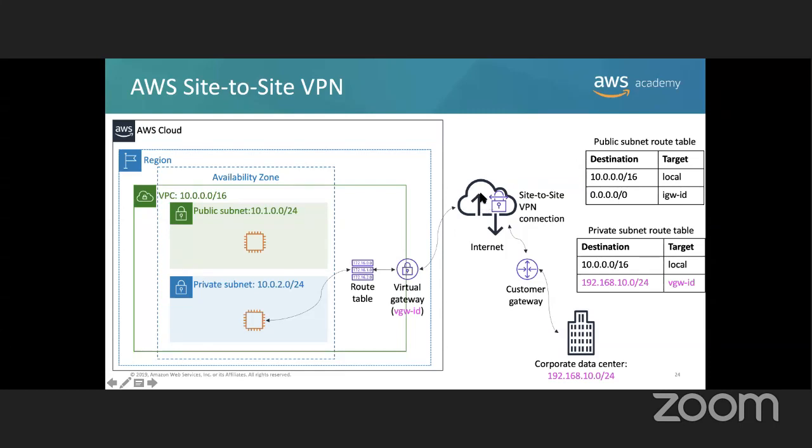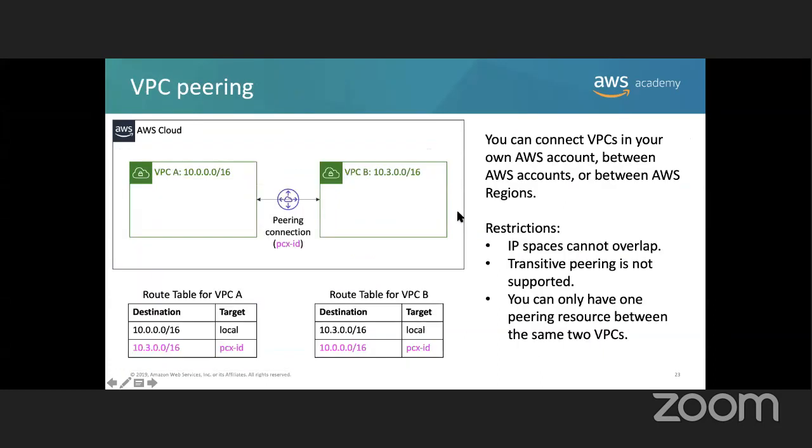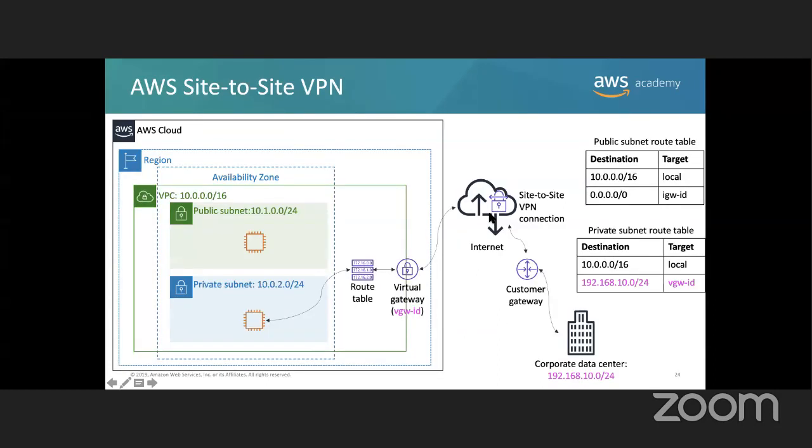You need internet, and this is what we call a site-to-site VPN connection. You can establish a connection between the on-premises and the cloud through the internet, which is not secure. Whenever there's internet, there might be some problems with security. The man in the middle, things like that, right?